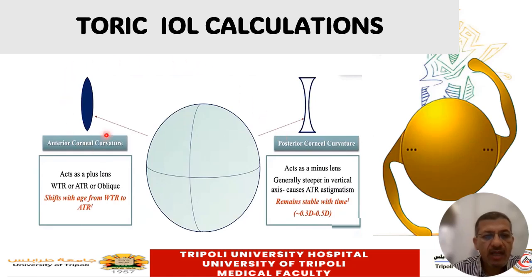For the anterior surface of the cornea, the air has a lower refractive index than the cornea, so the rays will be converging when they go to the anterior surface of the cornea, so the anterior surface will act as a positive lens. However, in the posterior surface of the cornea, the aqueous has a lower refractive index as compared to the cornea, so the rays will diverge when they go from the cornea, so it acts like a negative lens.